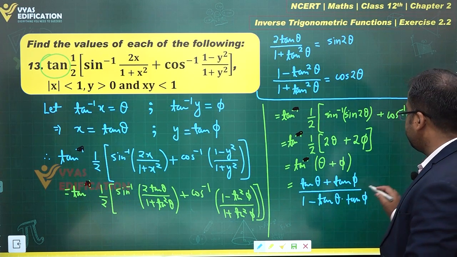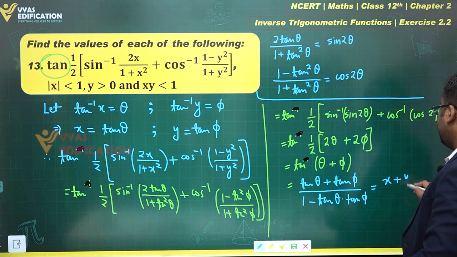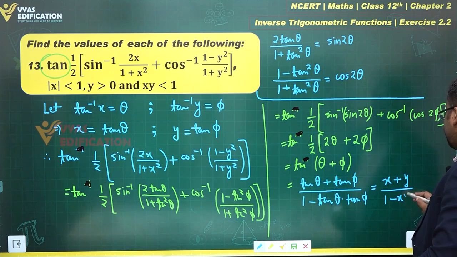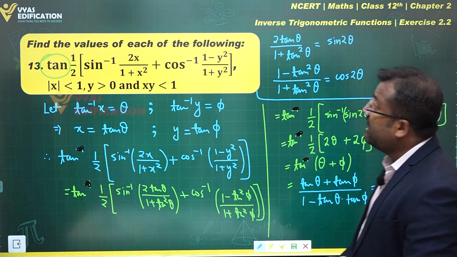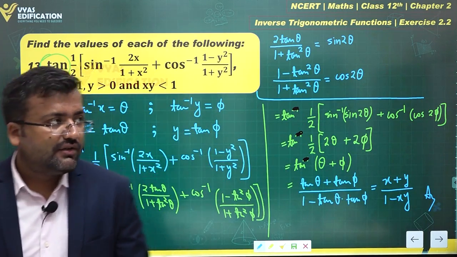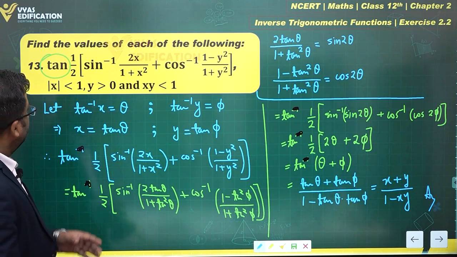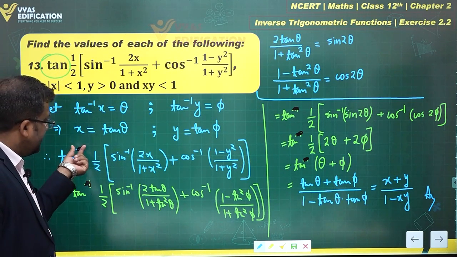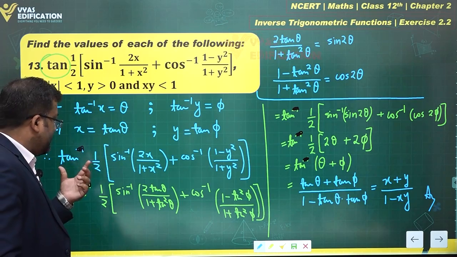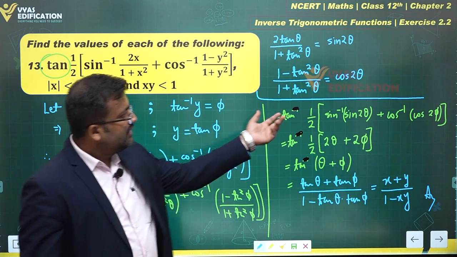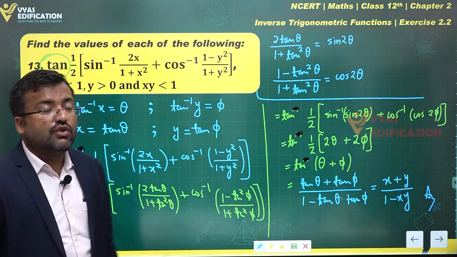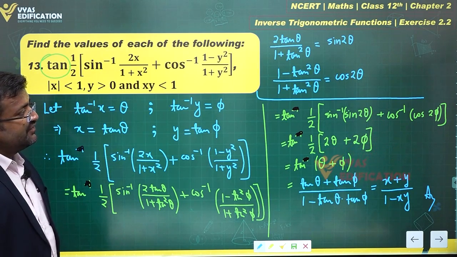Tan theta is x, tan phi is y, so x plus y over 1 minus xy. That's your required value for this question. You started with tan, it was not tan inverse, it was tan. And this is what you get after following these few steps.